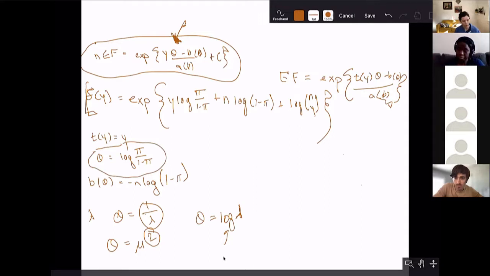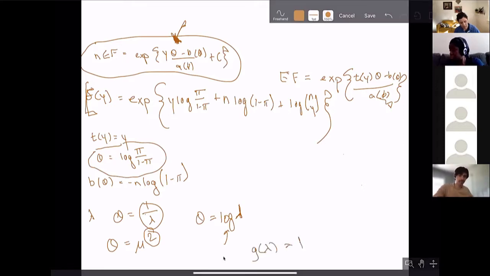So you may have seen me writing, say, g of lambda equals lambda squared. All that I'm doing when I'm doing that is, g is the generic notation that we use for link functions in GLMs.